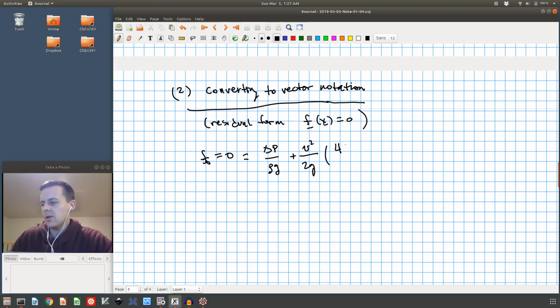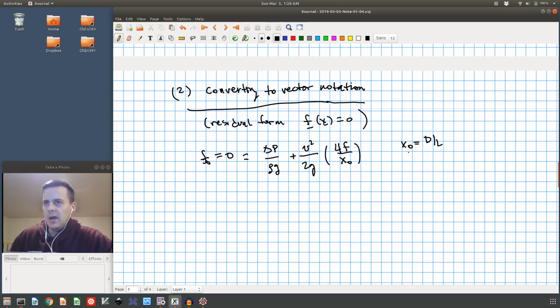Okay, and then I had LF over D, but I'm going to call x0 equal to D over L. So now I just have an x0 in there instead of D, and then there should have been an L on the top, right?